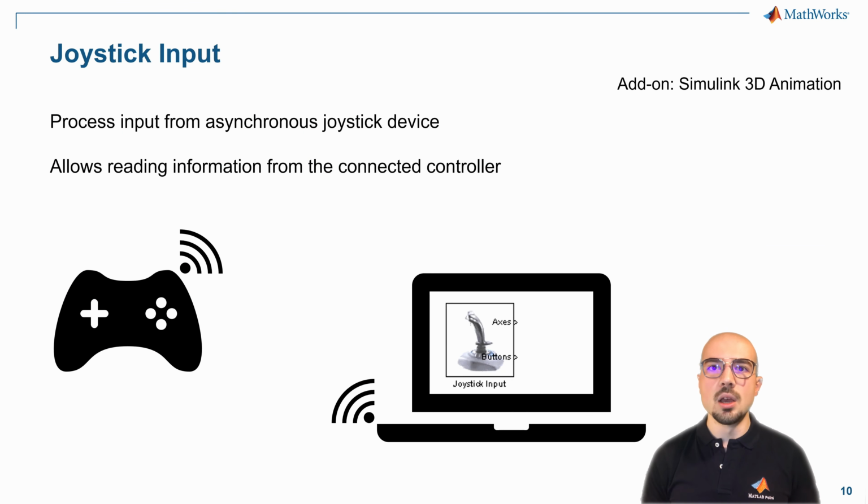Joystick input means that we have a remote controller that can produce some set point that the computer will transmit to the robot. In particular, we will use the joystick input special block that MATLAB provides in order to acquire this information and elaborate it in order to generate some useful signals.